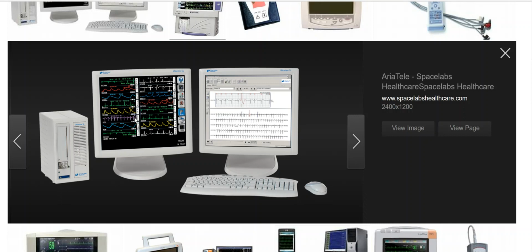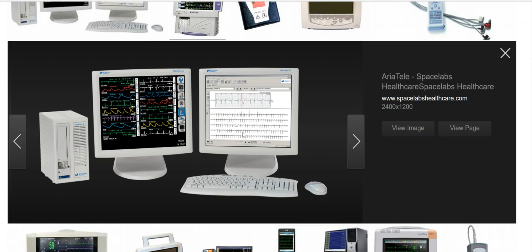When that happens, you'll see it starting to flash, and then it will generate a strip for further interpretation. A novice nurse would have to receive specialized training in interpretation of ECG strips to be a tele-certified nurse.